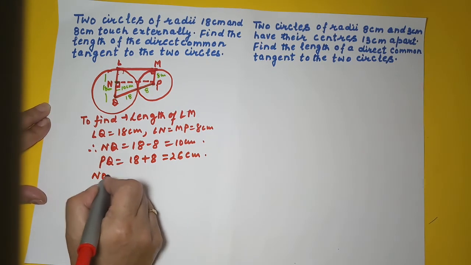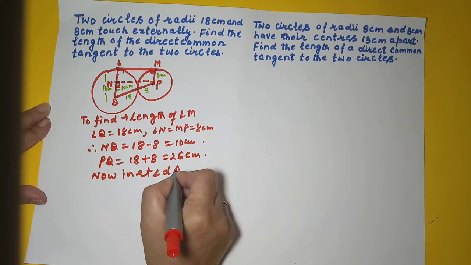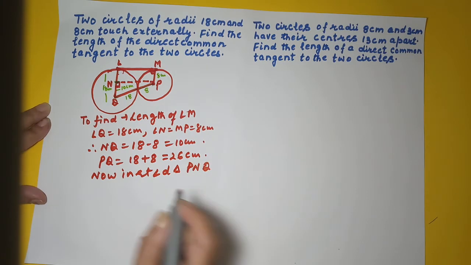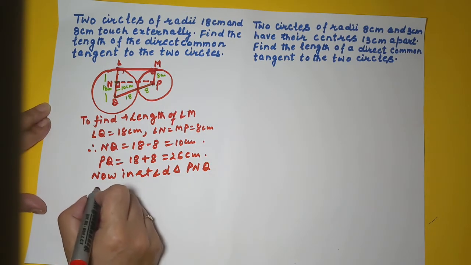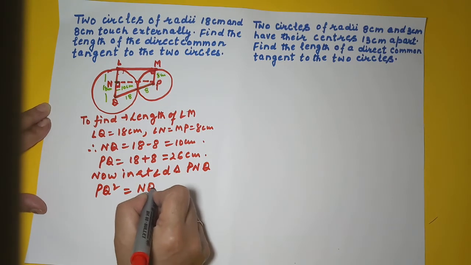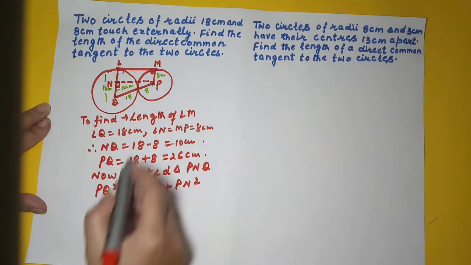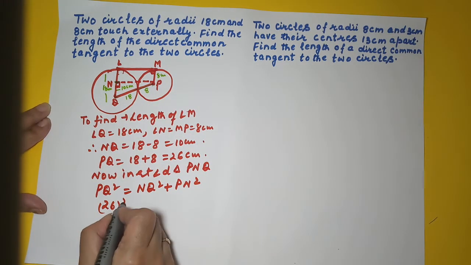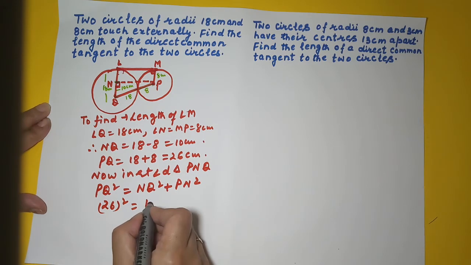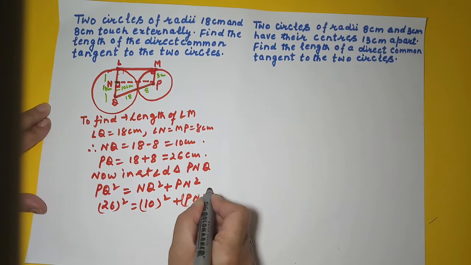Now, in right angle triangle PNQ, I can use the Pythagoras theorem as PQ square is equal to NQ square plus PN square. PQ is 26 whole square. NQ is 10 centimeters. And PN is something that I have to find.